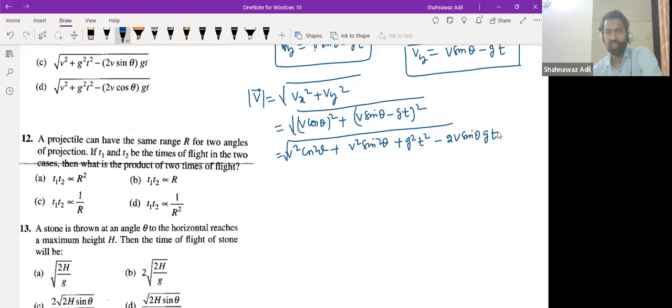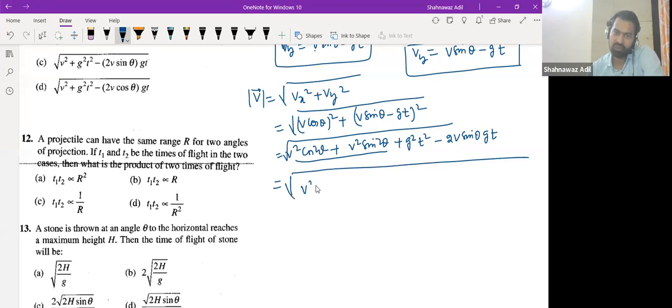Can we simplify this further? Yes. How can we simplify that? By taking V common. Okay. So let's take these two terms, right? In these two terms, V square is common. So V square, and then sin square theta plus cos square theta, and then g square t square minus 2 V sin theta gt. Could we take gt common here also?